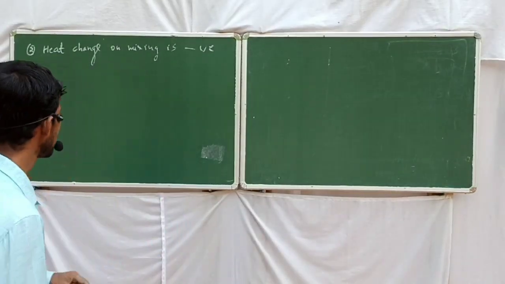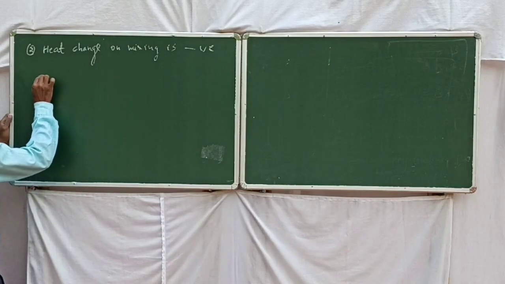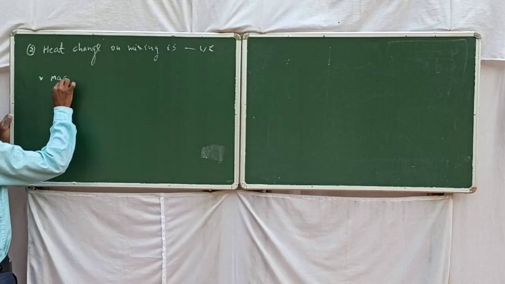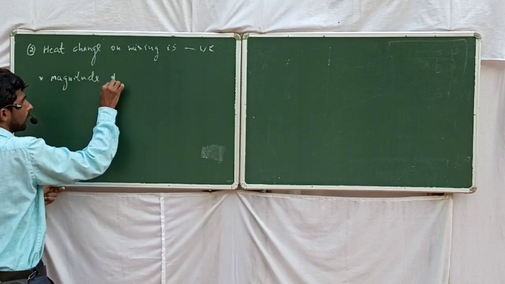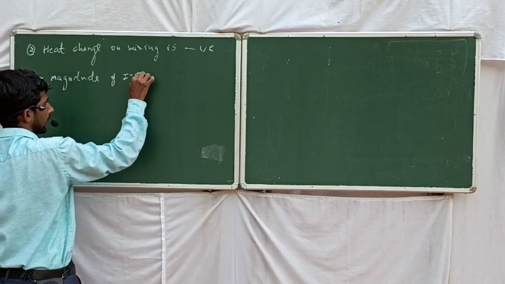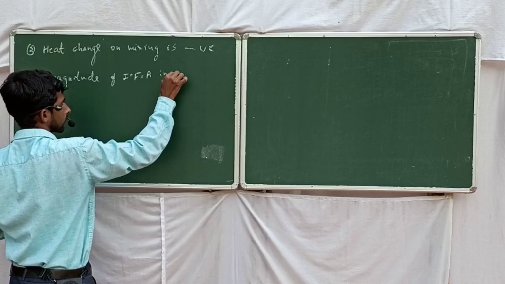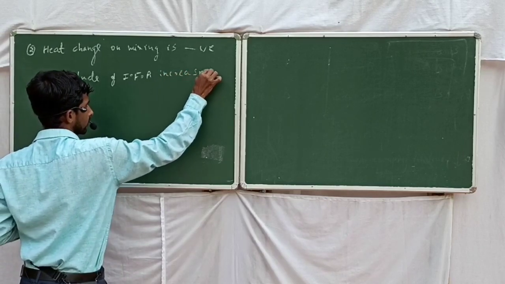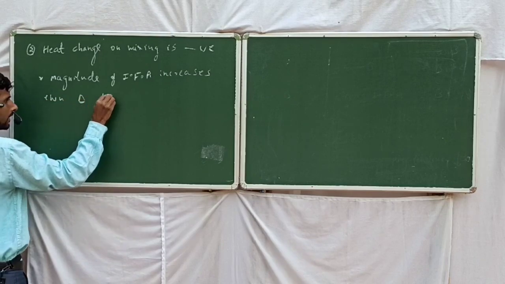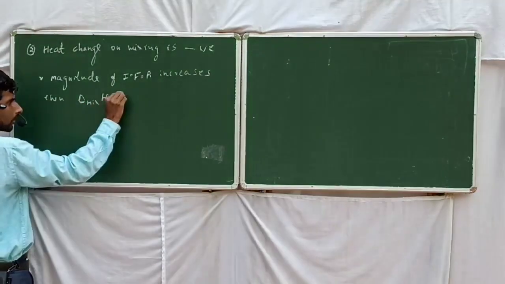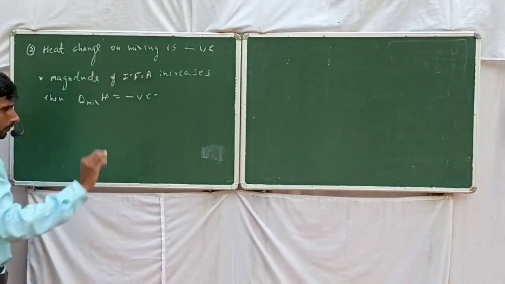Okay, so remember one point: as magnitude of intermolecular force of attraction increases, then delta H mix is negative.